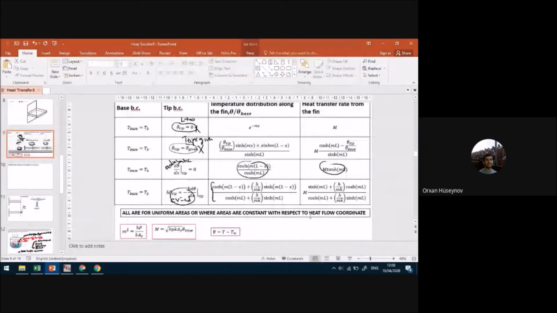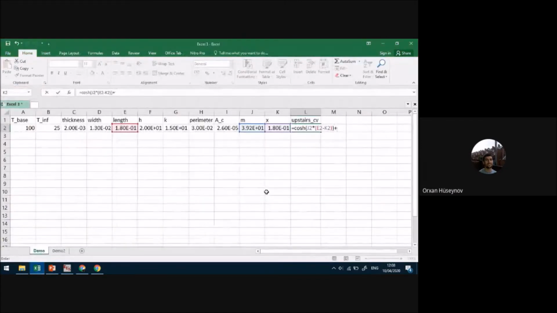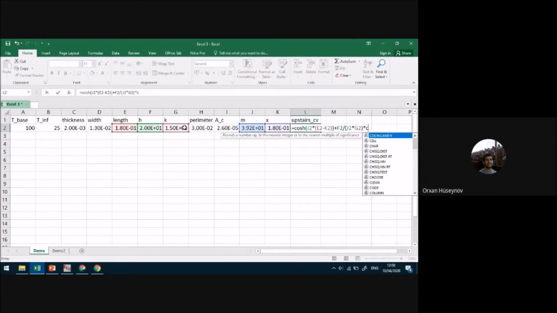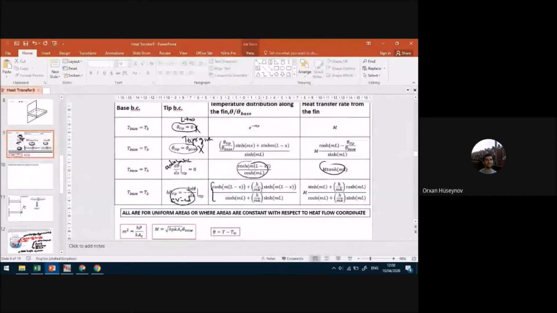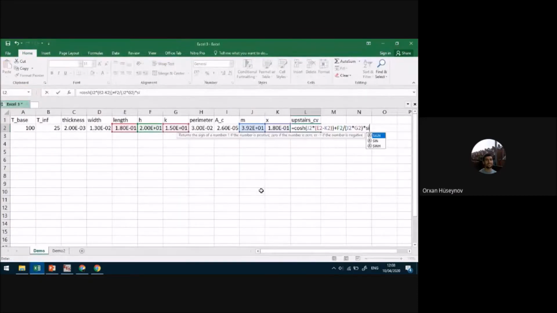And then plus H divided by M into K, multiplied with sinh, again M(L minus X).